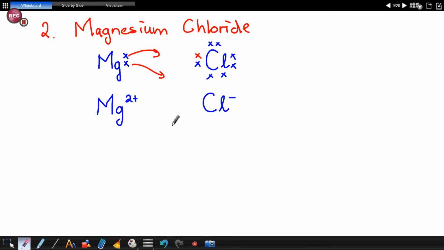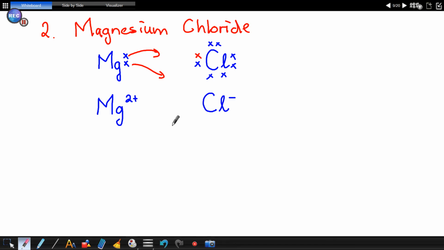Okay, now here comes the secret. Chlorine can only take one electron. Magnesium gives two. Where will the second electron go? Charge must always be balanced. So if magnesium's got a 2 plus charge and the chlorine's got a negative charge, how many chlorines will join to the magnesium?